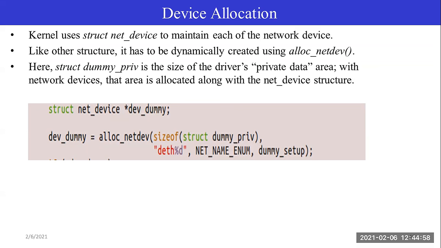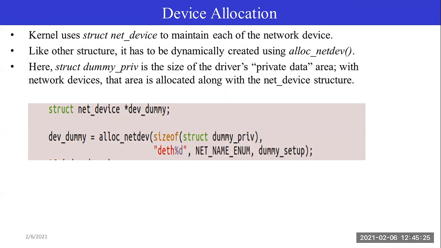I will show the source code of my dummy network driver and share with you how it is done. Actually, this screenshot is taken from my driver. So through alloc_netdev, we are creating a network device dynamically.